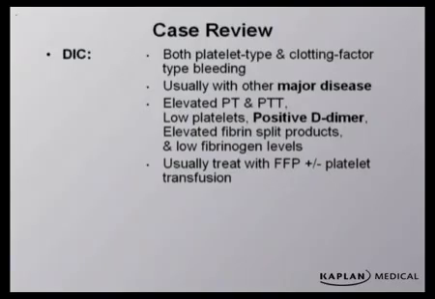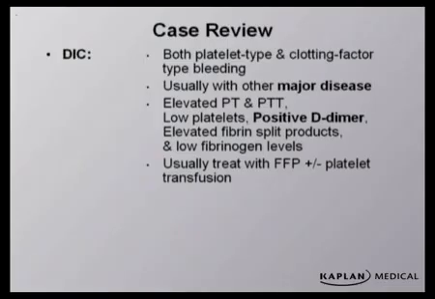In this case, the PT and the PTT would be elevated. That's why we got it, just to make sure we ruled out this stuff. The platelets would be low. The D-dimer is elevated, right, because of all the consumption. There's elevated fibrin split products and low fibrinogen levels. Remember, we measured fibrinogen in this patient and it was normal.